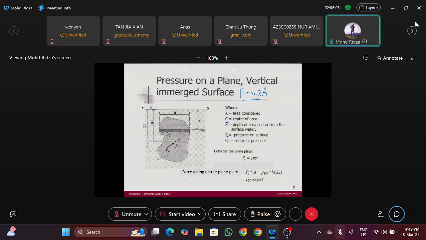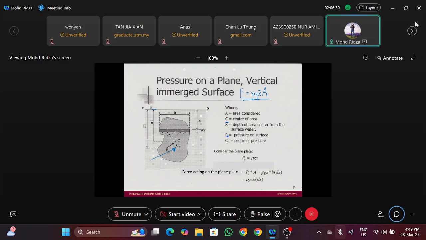So the pressure will be here. The pressure will be at a point we call CP. We call it the center of pressure. So here. Right? So you have two different C's.